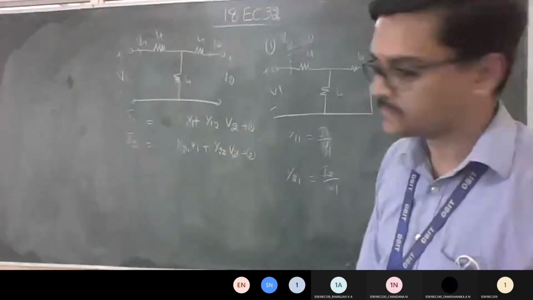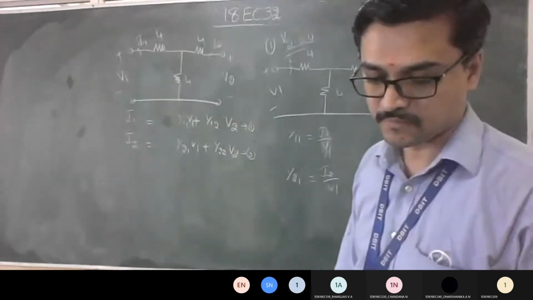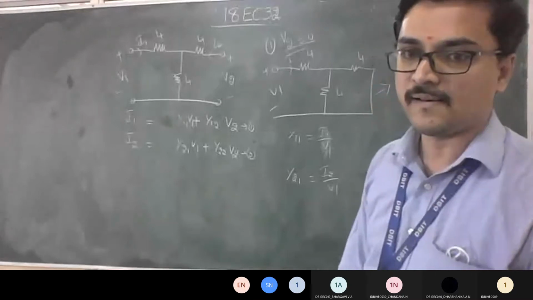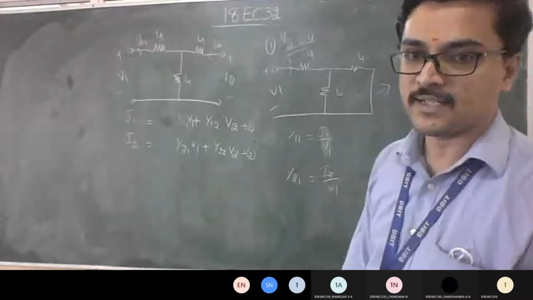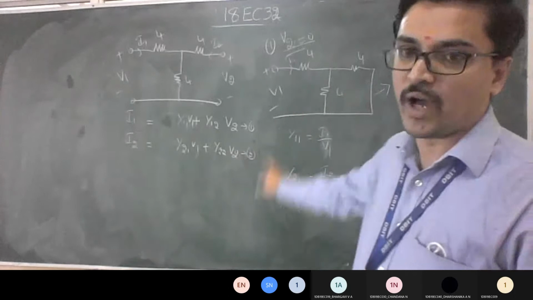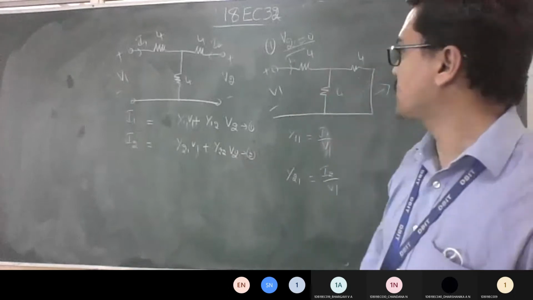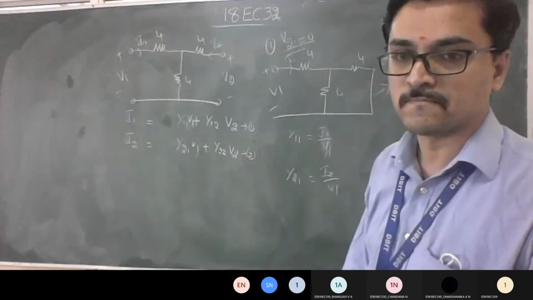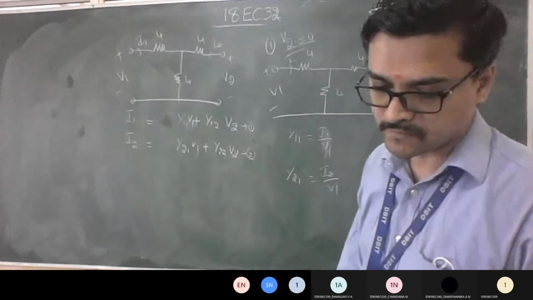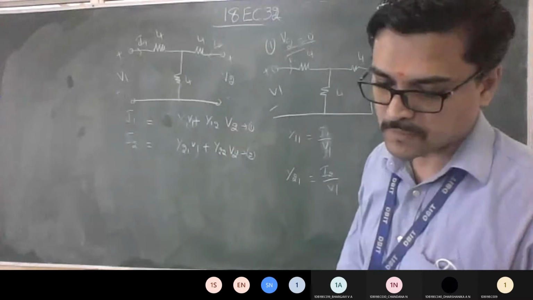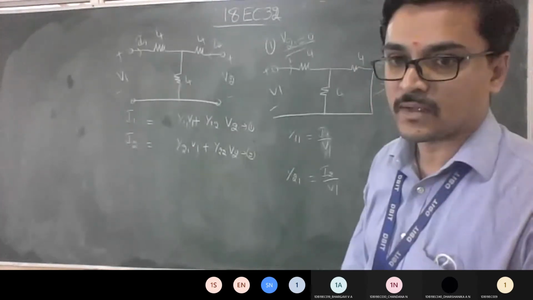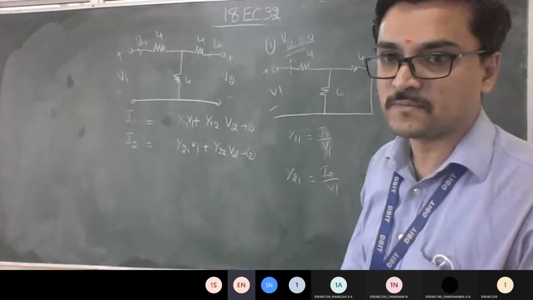How will you proceed with this now? Just think and tell me. So this is case 1, V2 equal to 0. From this I should get 2 answers. So we can proceed. Anyone? Can anyone tell me how to find this, node analysis?